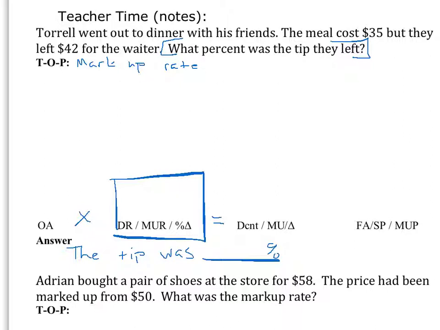Now, it says the meal costs $35. What piece of information is that? That's the original amount. Originally it was $35. They left $42 for the waiter. What is the $42?